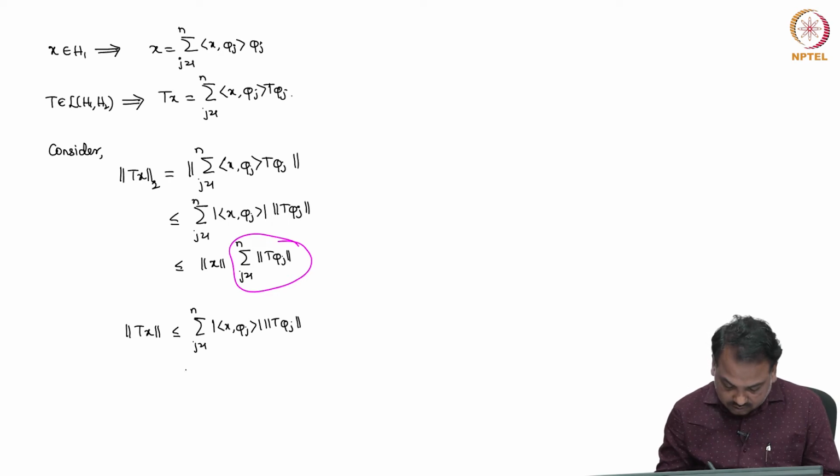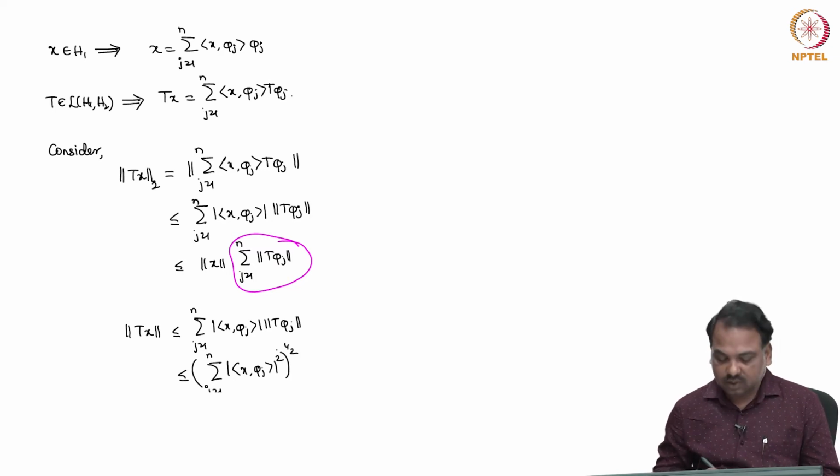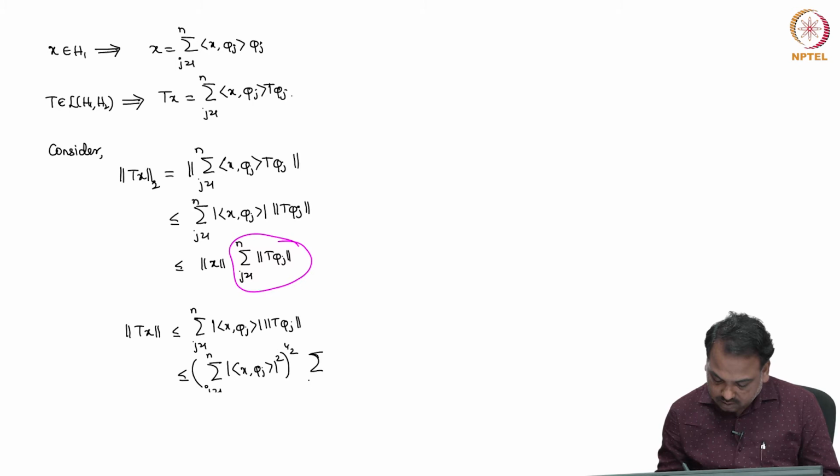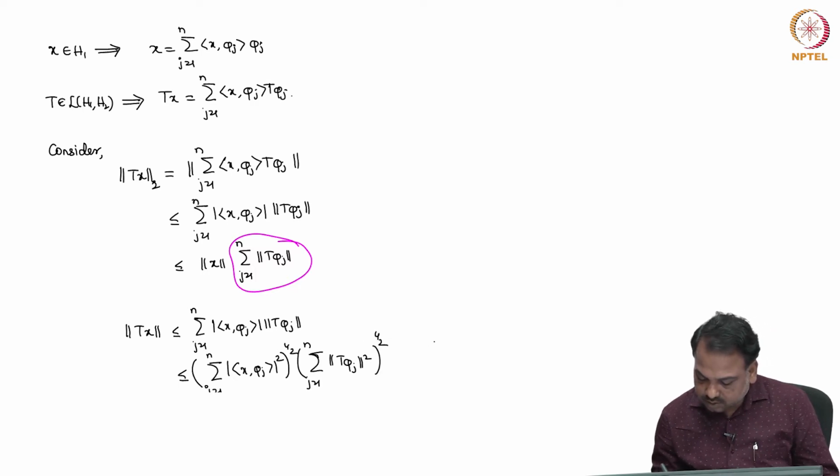By Holder's inequality, we can say that it is at most the summation j equal to 1 to n of modulus of inner product x with phi j squared, whole root, multiplied by the summation j equal to 1 to n.